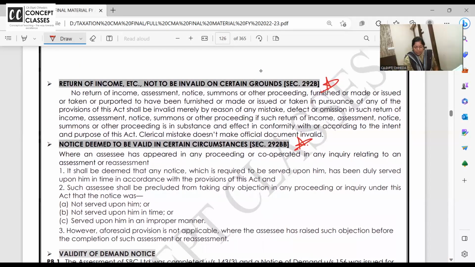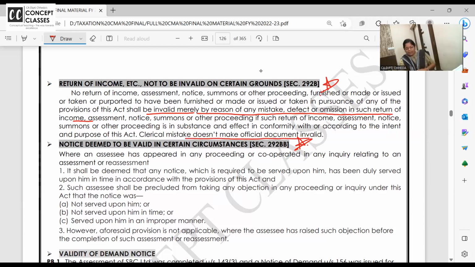Return of income not to be valid on certain grounds. Okay, 292B: no return of income, assessment, notice, summons or other proceedings furnished or made or issued shall be invalid merely by reason of mistake, defect or omission in the returns. Okay, a clerical mistake.